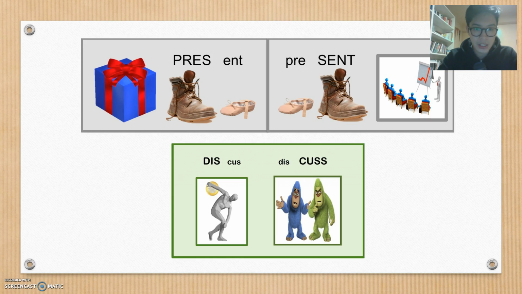So hopefully you can hear that the first syllable in present is slightly louder and slightly longer, a bit more emphasized than the second one. Now let's listen to the other word present. Present, present, present. So hopefully you can hear there that the first syllable is unstressed and the second syllable is stressed, slightly louder, slightly longer.